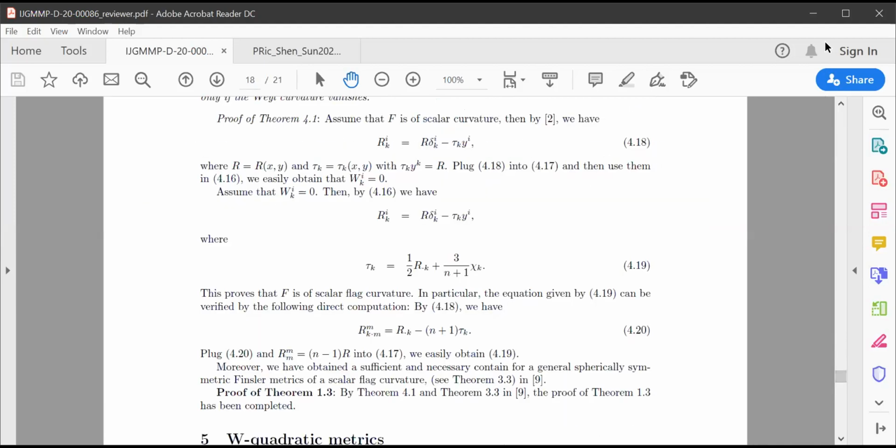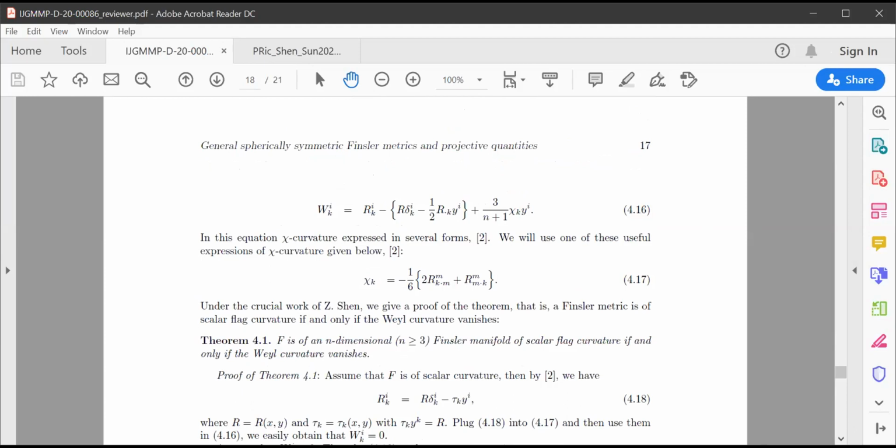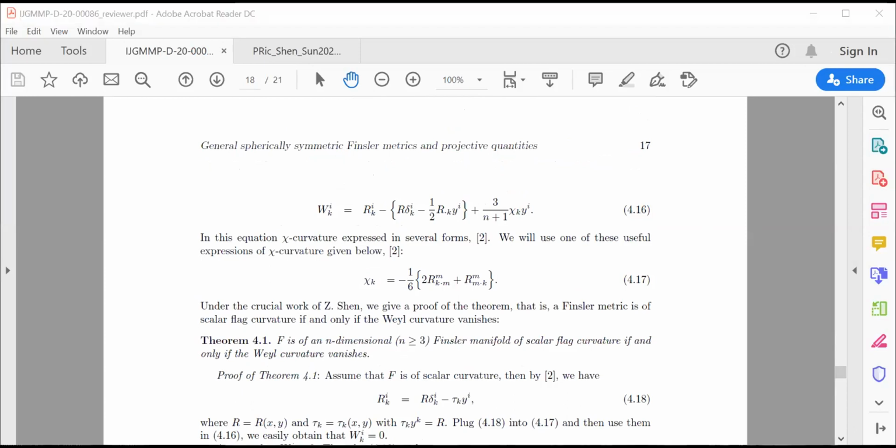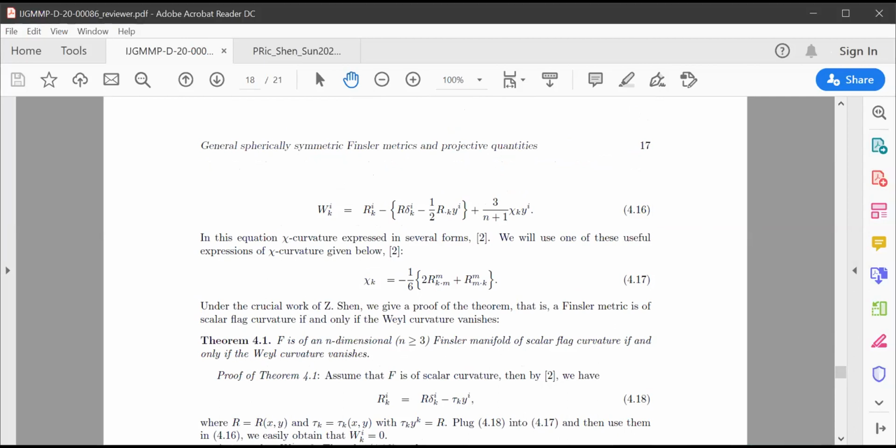So do you know any other results on the related topic? Okay, so this is not okay. I have a comment about the general spherically symmetric metrics.